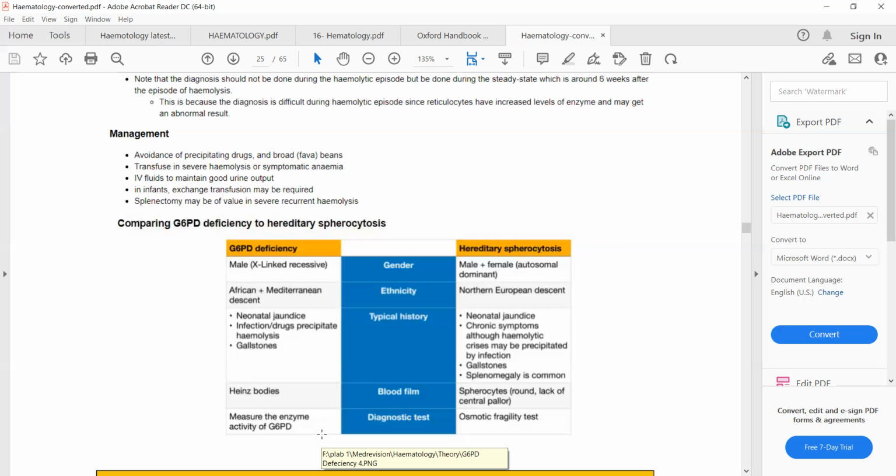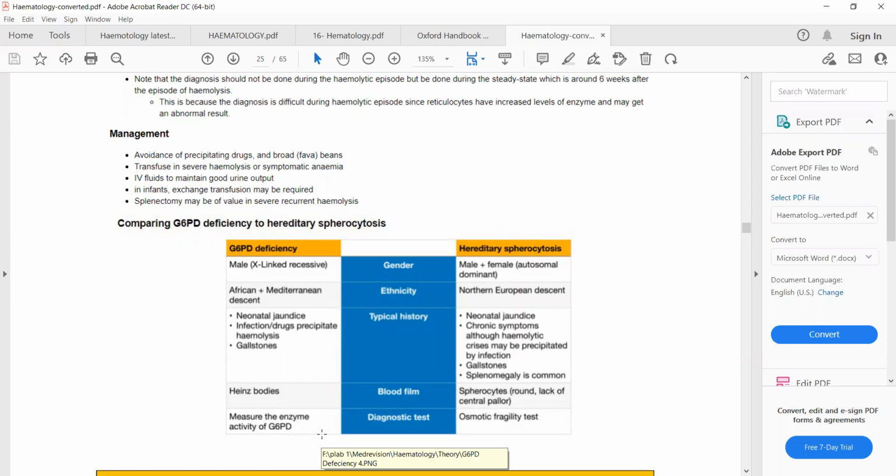And because of increased formation of unconjugated bilirubin, gallstones can be formed in all causes of hemolysis. So hemolytic anemia can lead to formation of gallstones as well. The peripheral blood film will show Heinz bodies in case of G6PD deficiency, and in hereditary spherocytosis there will be spherocytes.